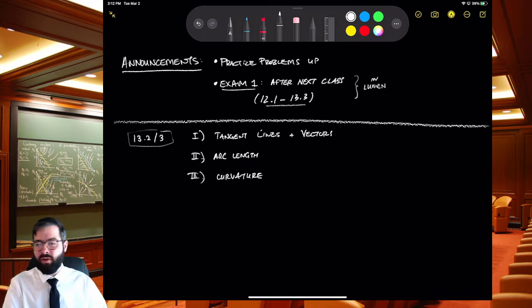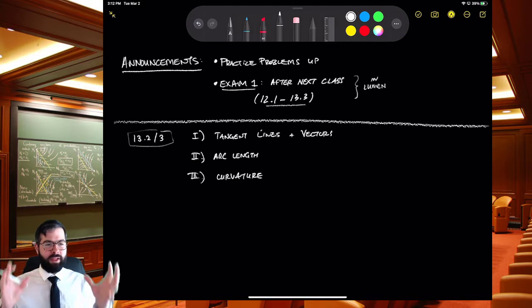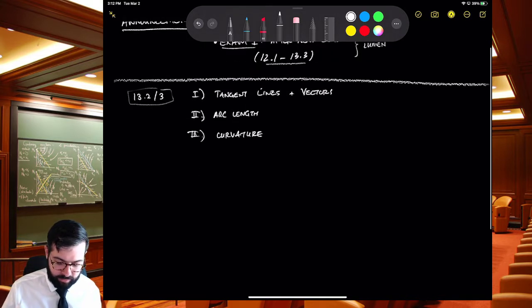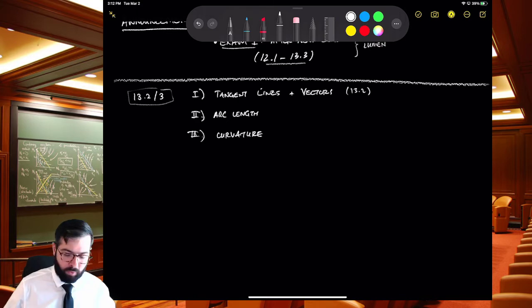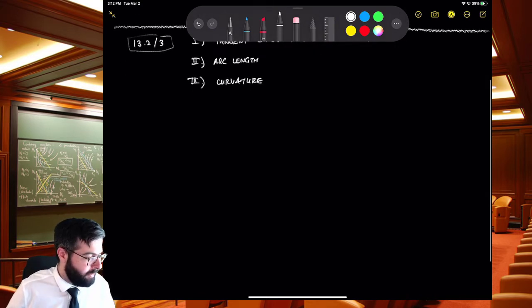So how far off from being linear are you? This is going to be an index that measures that for curves. With all that being said, those are the big ideas. We're going to dive in right now to tangent lines and vectors and tie off section 13.2. We'll have a few more worked examples today, too, and a little bit less lecturing.